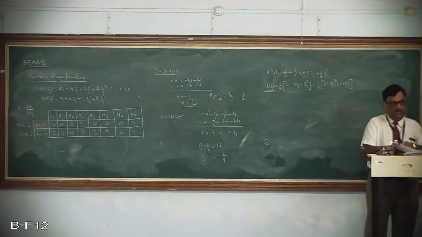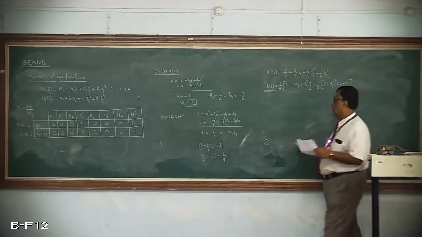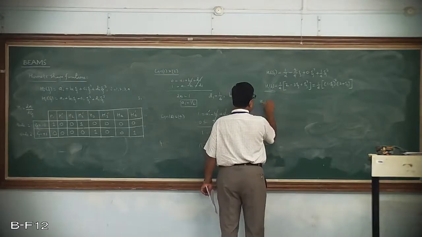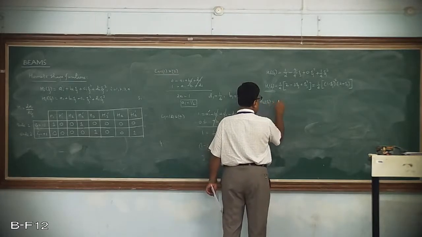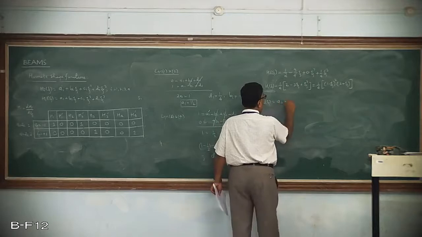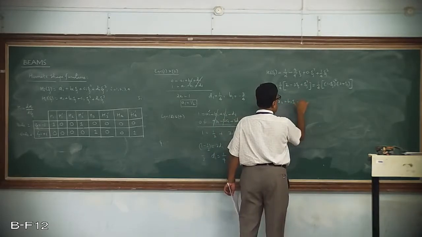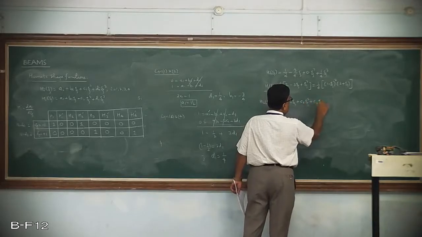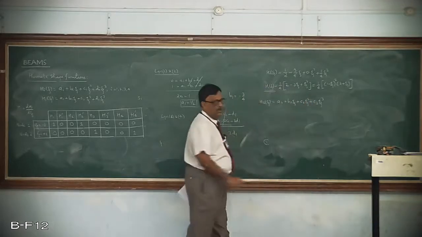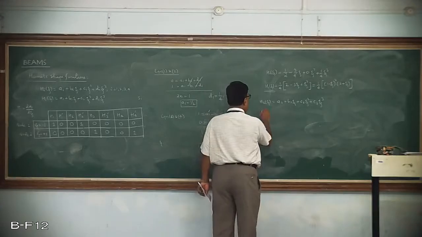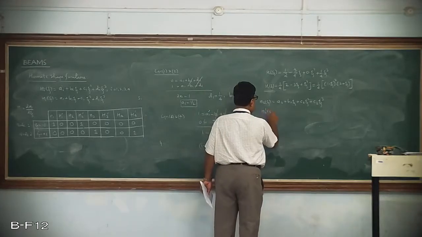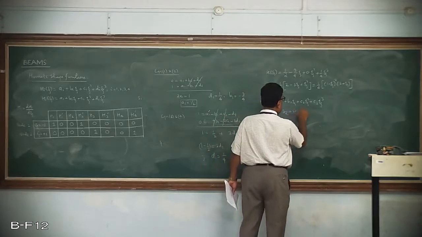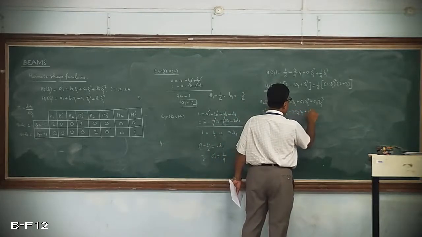In the similar way, we can go for the others. I don't want to go for all of them, but just to show you, for example, h2 of zeta, if I want to write, it is a2 plus b2 zeta plus c2 zeta square plus d2 zeta cube. This is what you will get. And if you want h2 dash of zeta, that is b2 plus 2c2 zeta plus 3d2 zeta square.